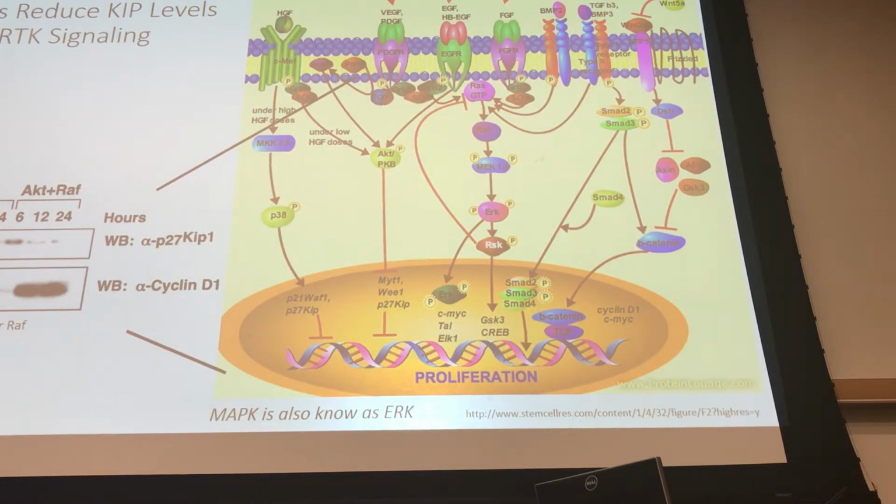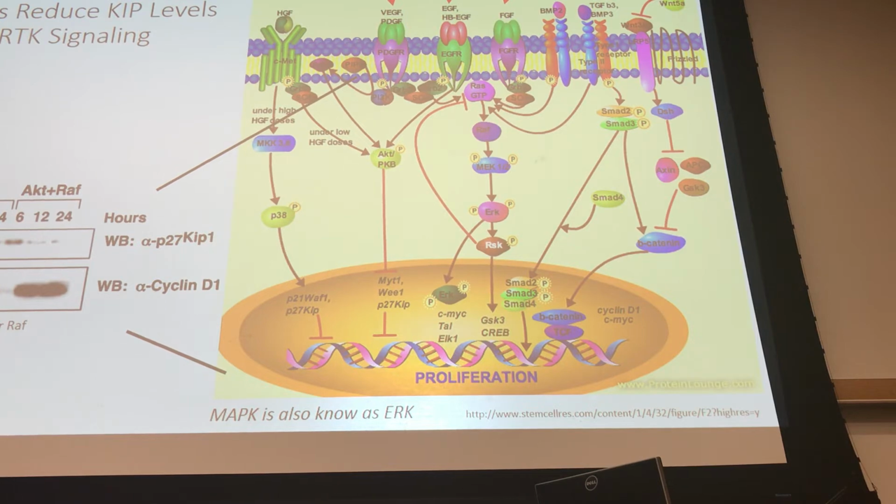And this is just showing the signaling pathway. So we talked before about how the platelet-derived growth factor and these mitogens signal through these receptor tyrosine kinases. And here, you've seen this blot before, this is when they took cells and they either overexpressed the PI3K AKT pathway, or they overexpressed the ERK pathway.